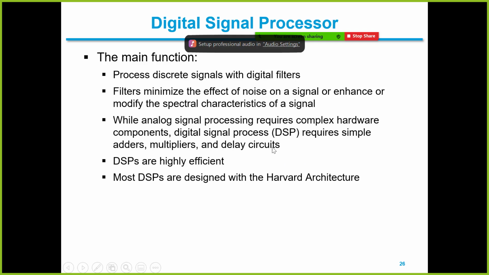So analog signal processing requires complex hardware components. Digital signal processing requires simple adders, multipliers, and delay circuits.